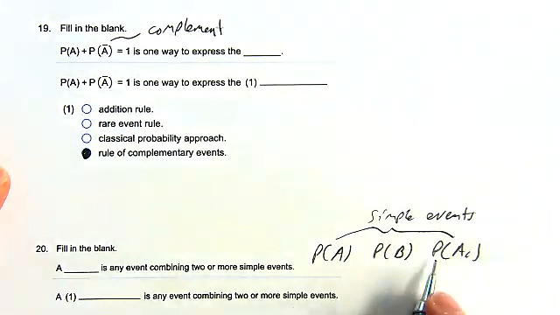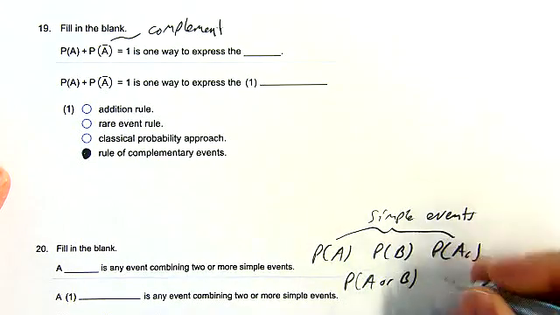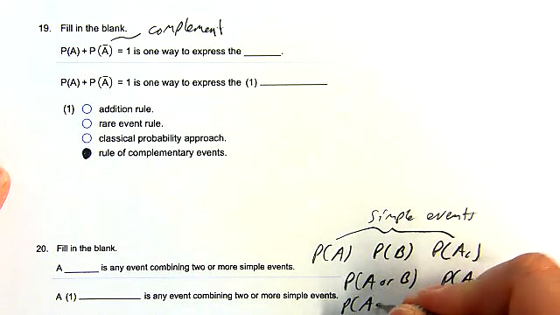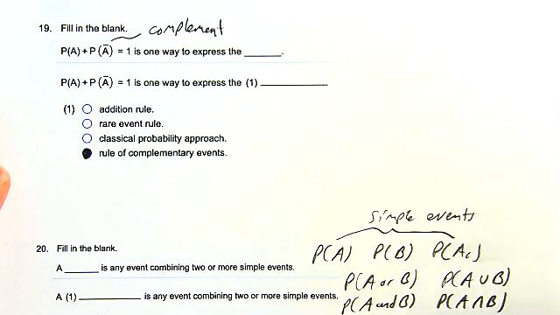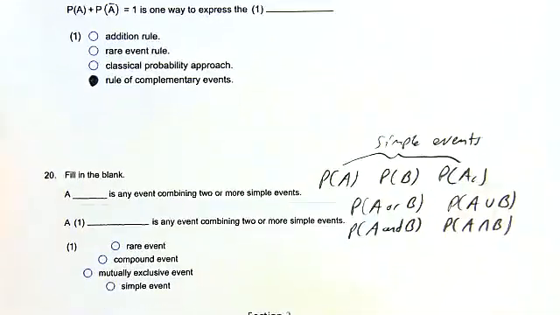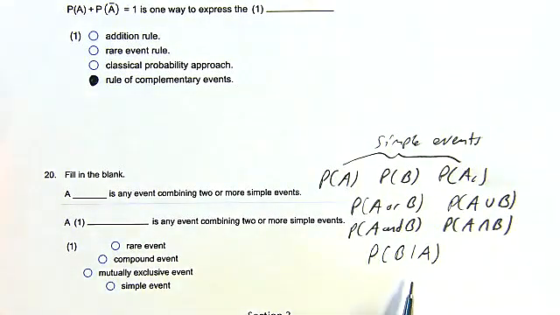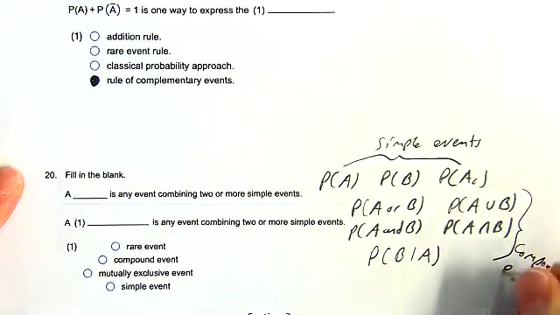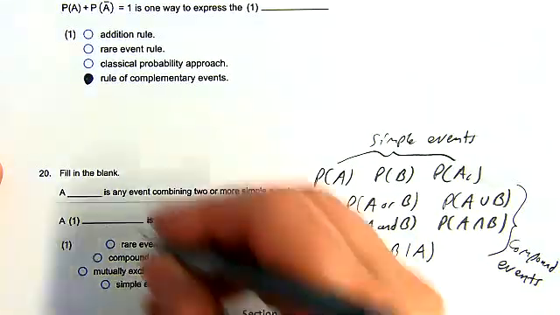Anytime you have more than one thing written in your probability, like probability of A or B, which is the same as probability of A union B, or probability of A and B, which is the same as probability of A intersect B. Or like we just learned today, if I did something like the probability of B given that A occurred, a conditional probability, these are all examples of what we call compound events. So they're combinations of simple events. So the answer here is they're a compound event.